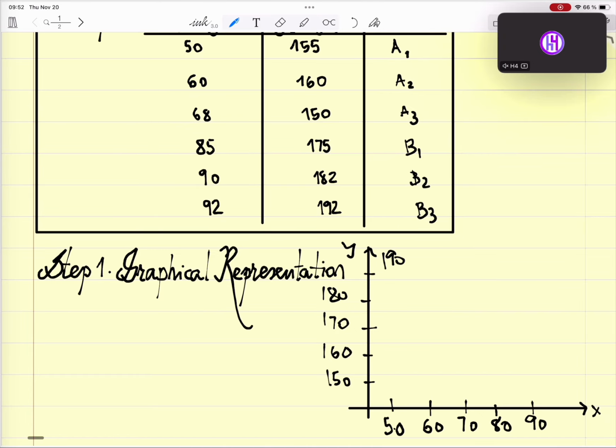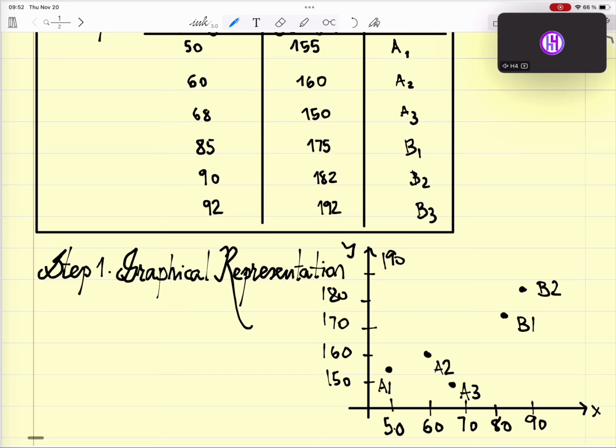So the first one is 50, 155. So this is here, A1. Then 60, 160. This is A2. Then 68, 150, then A3. Then 85, 175, somewhere here, B1. 90, 182, somewhere here, B2.